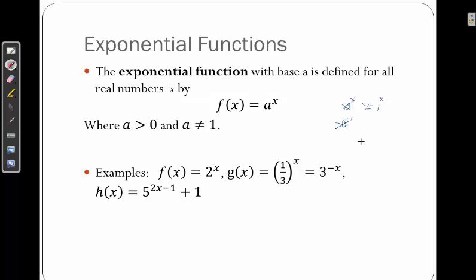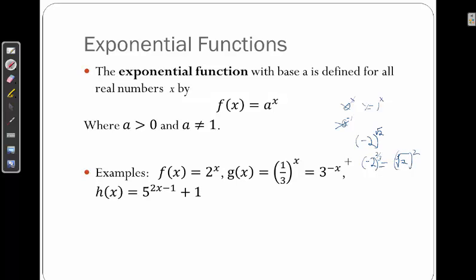Why not negative? Well, you get into troubles about what if you're considering something like negative 2 to the square root of 2. Well, we know how to deal with fractional powers or finite decimals because we can just convert them to fractions. Because you may remember from way back in chapter P that if you had like negative 2 to the 2/3, well, that is the cube root of negative 2 squared.